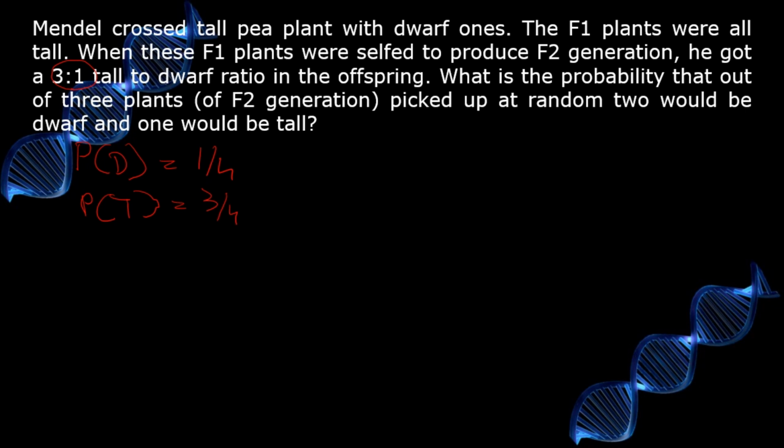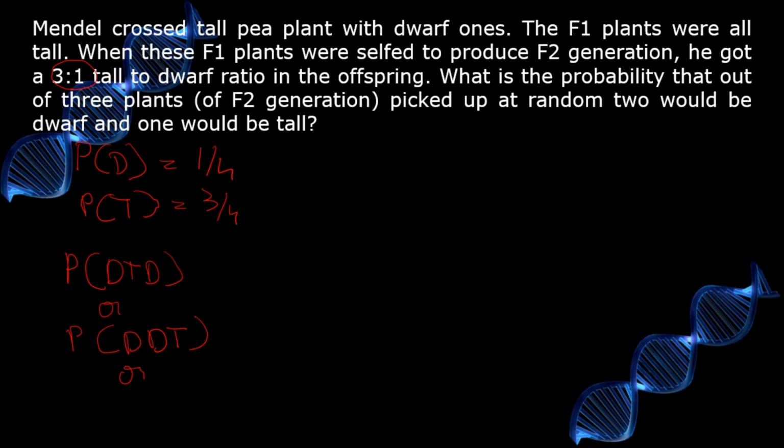Now we can write the probability of getting two dwarf and a tall plant. So first condition, probability of getting first a dwarf, then a tall, then again a dwarf. Or it can be the probability of getting first a dwarf, again a dwarf and a tall.